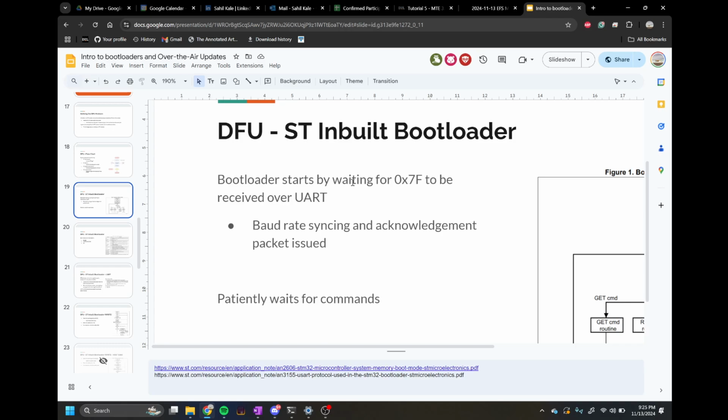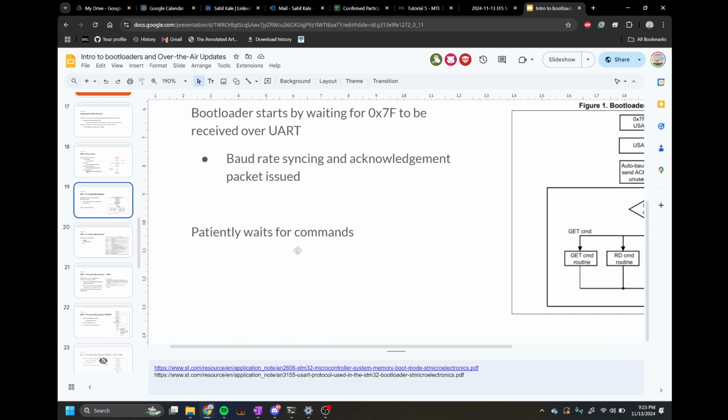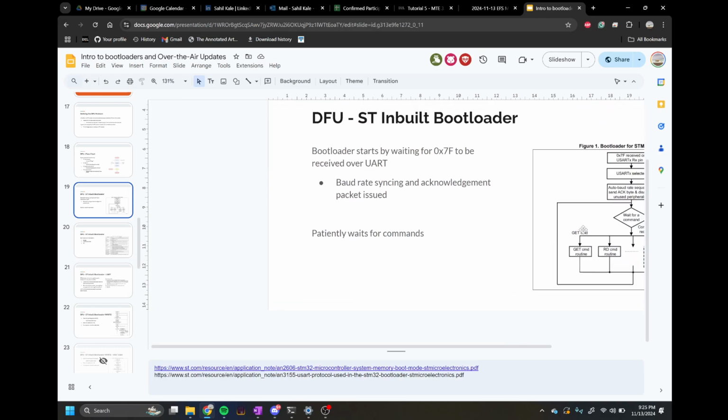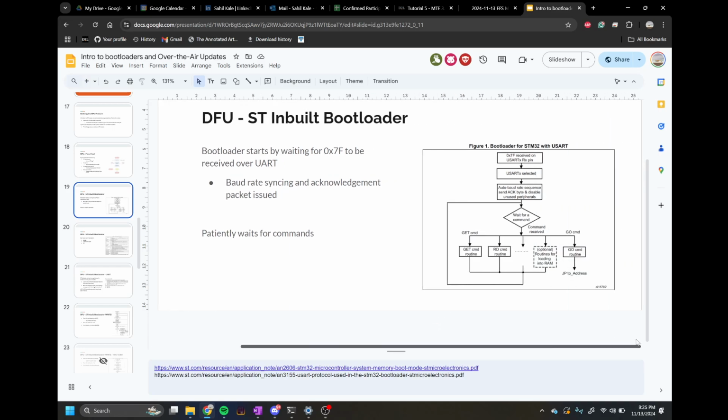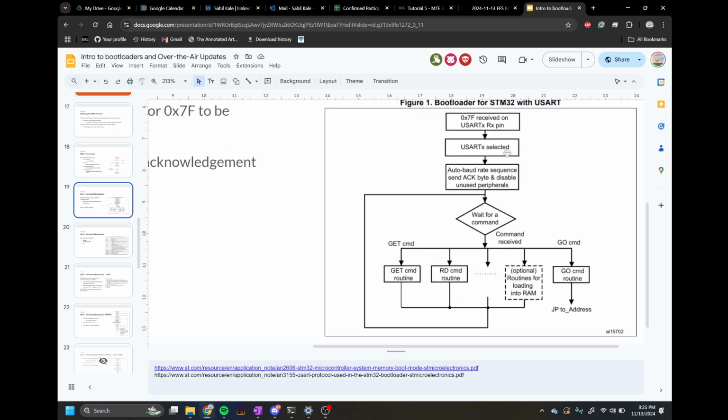That's how the inbuilt bootloader starts. After that, it just patiently waits for commands. It's summed up pretty nicely in this flowchart right over here. That's basically how the bootloader process starts. You can think of it, back in that general flowchart, as the DFU start request.